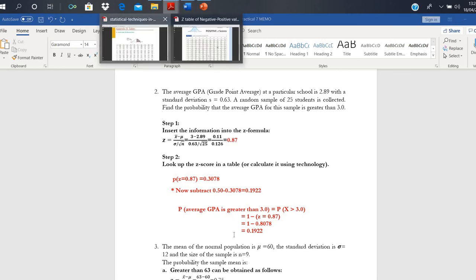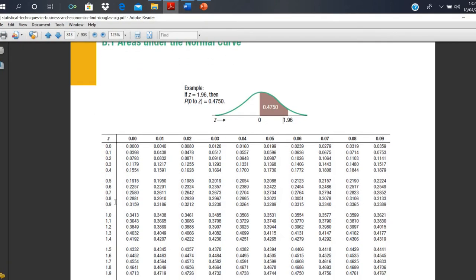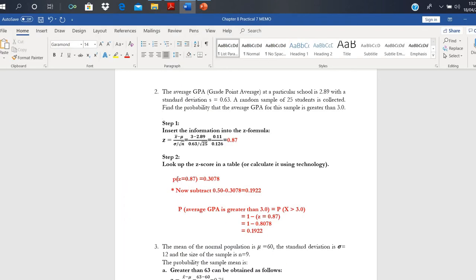You go to the table, you go to 0.8 and you take 7 at the intersection of 0.8 and 0.07, you have 0.87, and here is the probability. The probability associated to a Z value of 0.87 is 0.3078.